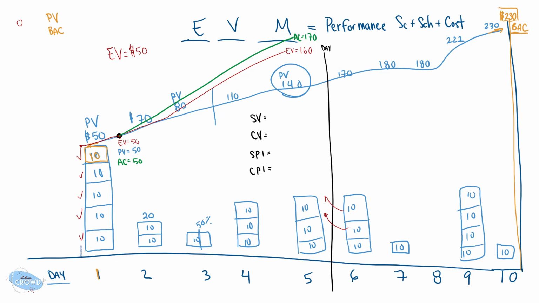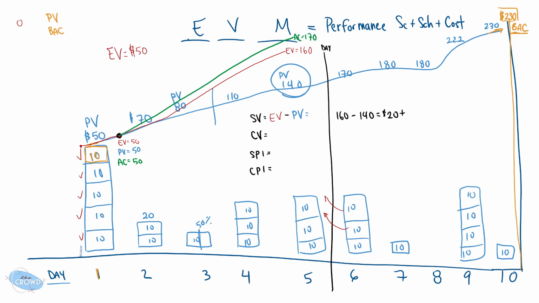If you want to try on your own, if you recall, the schedule variance was to take the earned value and subtract the planned value. Plugging in the information, we have an earned value of 160 minus the plan of 140, and that difference, or variance, is 20. So to the positive: we're actually above by $20. We've earned $20 more than we had planned to earn at this point in the project.